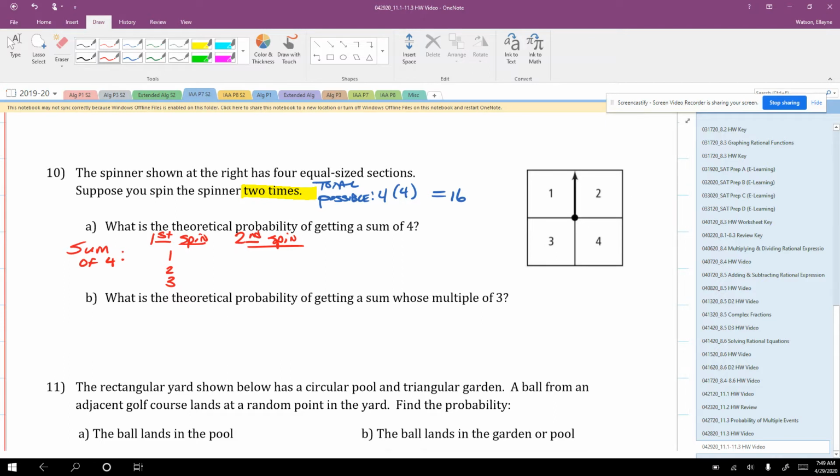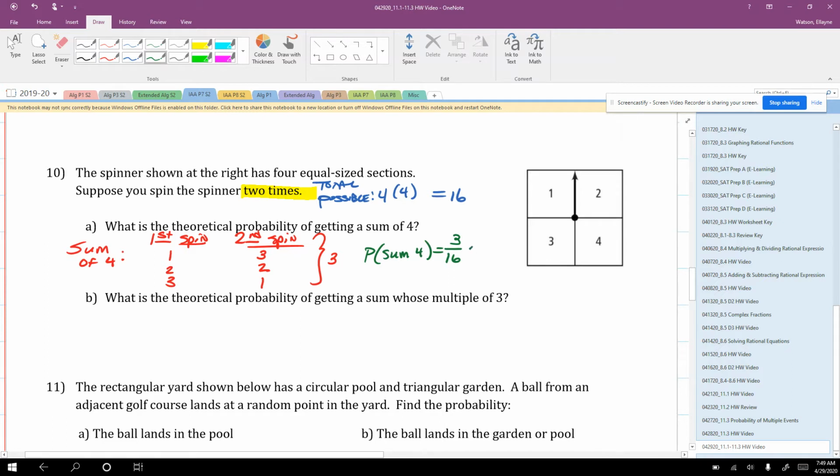If we spun a 1 first, we'd have to get a 3. Spun a 2 first, we'd have to get a 2. Spun a 3 first, we'd have to get a 1. So the total number of outcomes that have a sum of 4 is 3. That means the probability of a sum of 4 is 3 over 16.